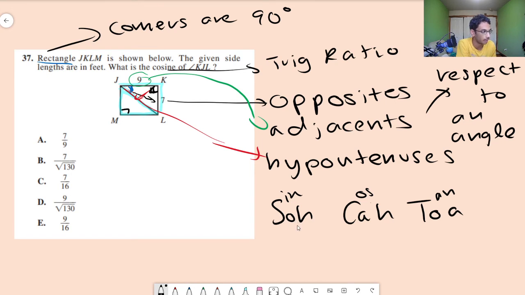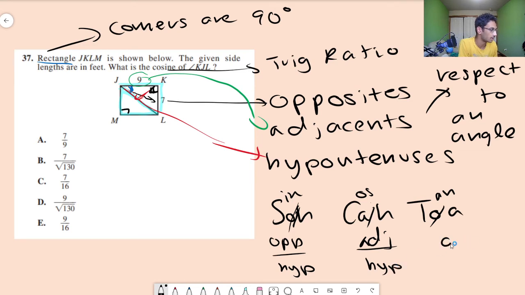You can put a slash in between, so it's O over H, A over H, and O over A, representing opposite, adjacent, or hypotenuse. So sine is opposite over hypotenuse, cosine is adjacent over hypotenuse, and tangent is opposite over adjacent.